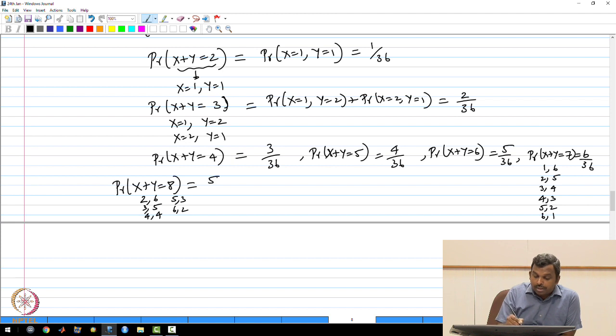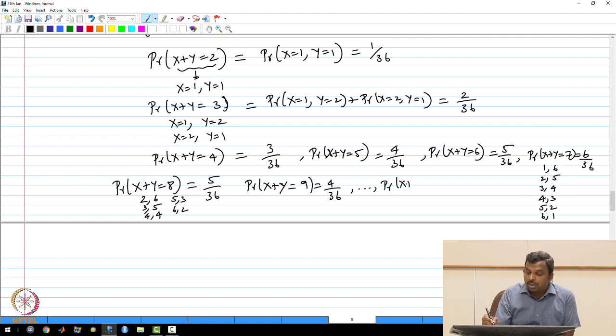There are only 5 possibilities, 5 by 36. It will start falling off. You can notice all these kinds of patterns. It's also possible to use convolution in some sense to compute this sum, though I will not talk about it here. So 9 will be 4 by 36 and so on, all the way till 12, which will again become just one possibility, 1 by 36.